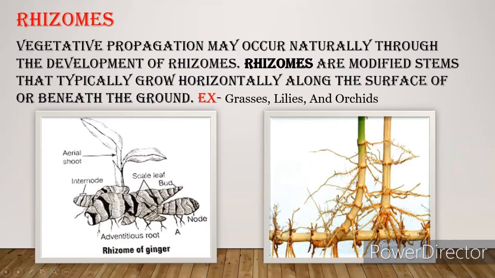Certain grasses, lilies, and orchids propagate in this manner. The primary function of the rhizome is the storage of nutrients, including carbohydrates and proteins. Some farmers use vegetative reproduction to laterally propagate plants such as ginger and various grasses.